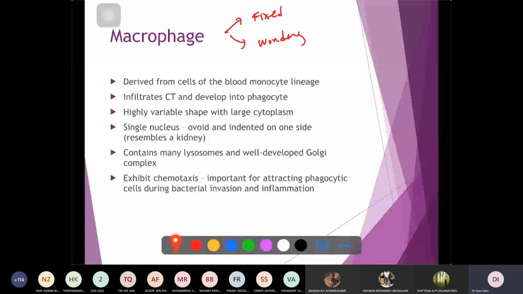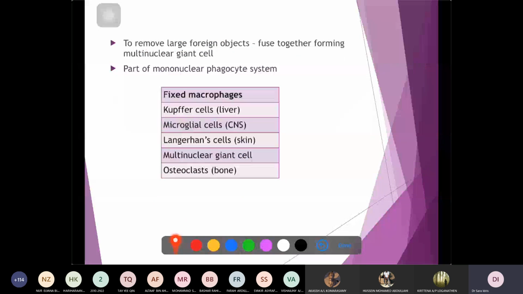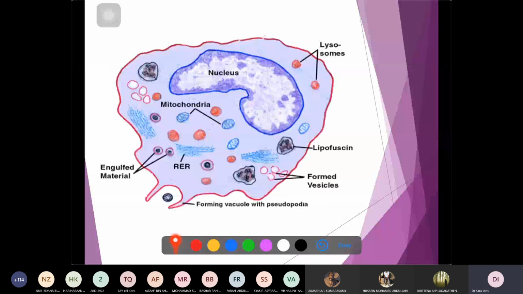If it's able to call more phagocytes, then it will fuse together with them and form what is known as a multinuclear giant cell, which can remove large foreign objects or large pathogens. This is an example of a macrophage that has turned into a phagocyte.